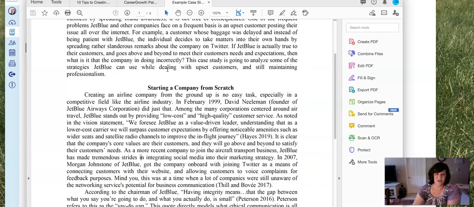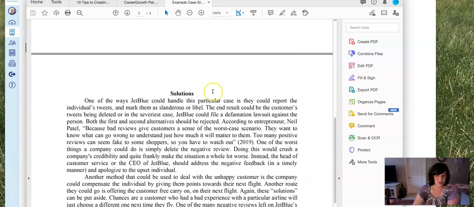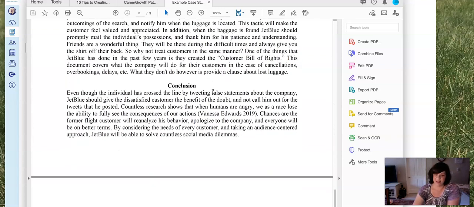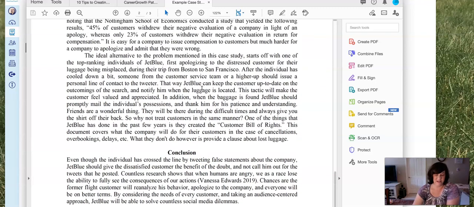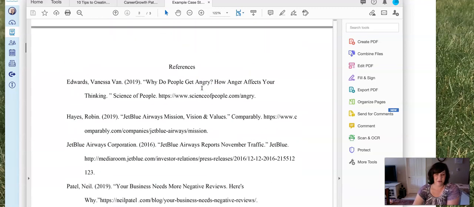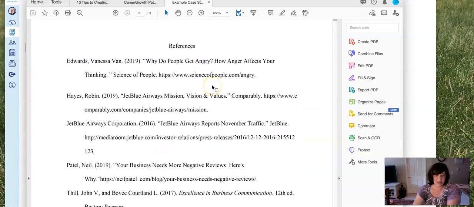This person also decided to create their own subheading titles, but I could tell this was background, solutions, conclusion. I'm okay with that. As long as you have subheadings, I know the direction that the case study is going. Secondly, the person included references because the person chose to use APA, and went above and beyond the 2 source requirement.